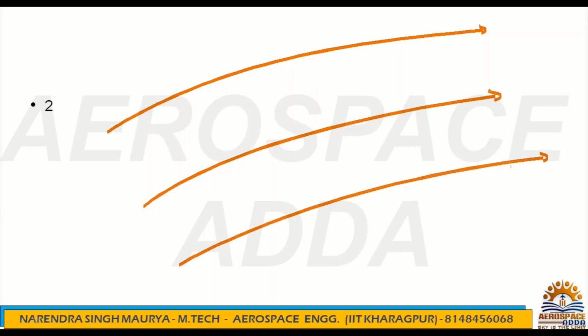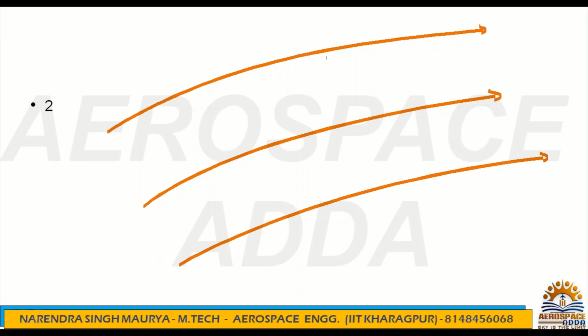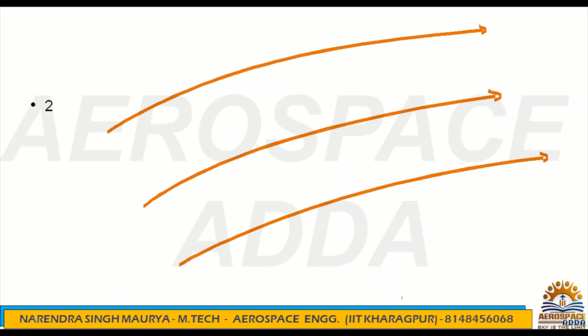If this is the streamline, it will form a virtual solid surface, meaning the flow cannot cross the streamline, because streamlines cannot intersect each other. I will tell you why, but you have to also remember the flow cannot cross the streamline. This is also very important.